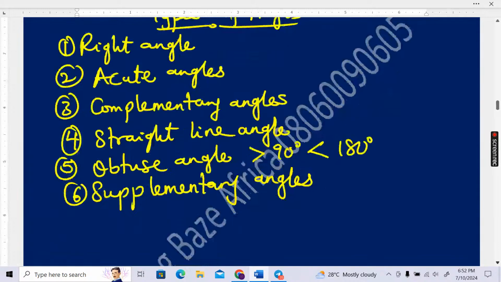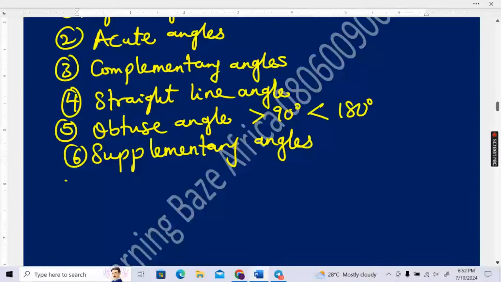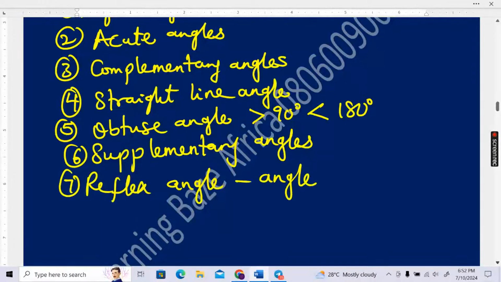You're going to learn what we call reflex angle. A reflex angle is an angle that is greater than 180 degrees but less than 360 degrees. You can see that I'm using the greater than sign.